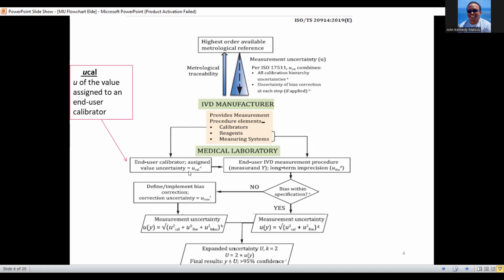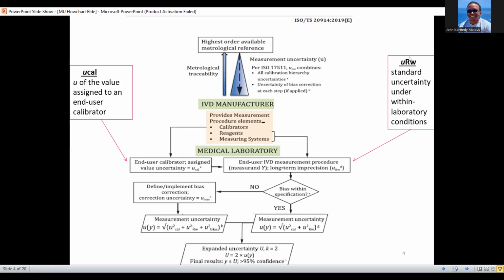Well, simply request it from the manufacturer of the in vitro diagnostic procedure. All right. Going to the other side. The end user IVD measurement procedure will also have uncertainty. And we can obtain that, and we have established that during the debrief with Beatrice, from our long-term imprecision.